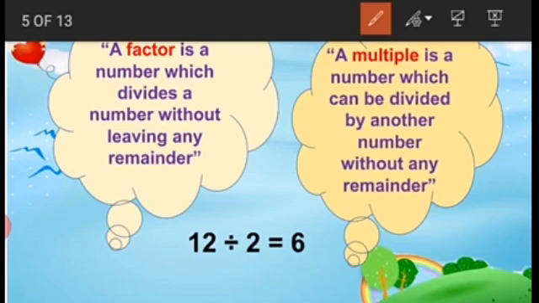So class, a number which is 12 can be divided by another number. Another number is 2, without leaving any remainder, means we have an answer without any remainder, 6. Okay, so multiple is 12. 12 divided by 2 is equal to 6. Clear?